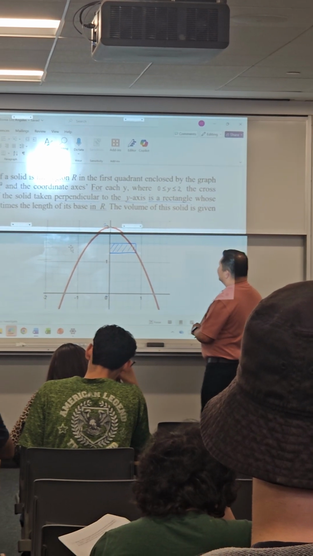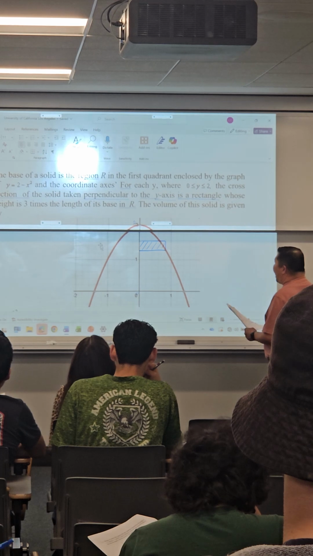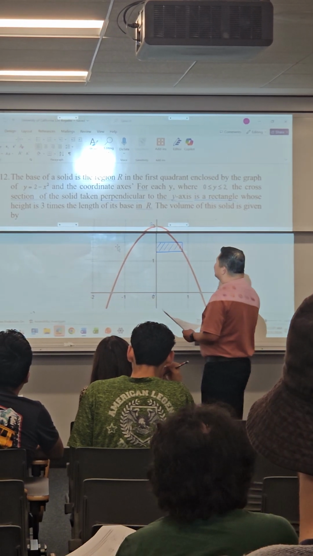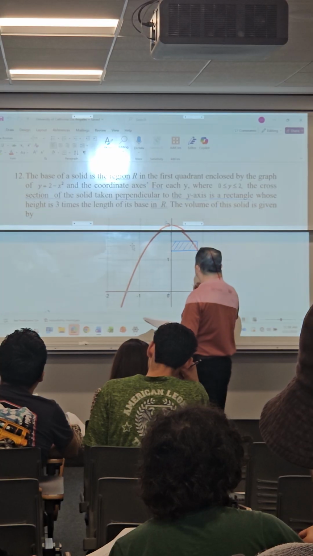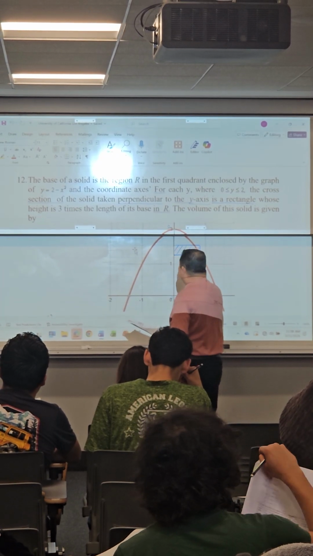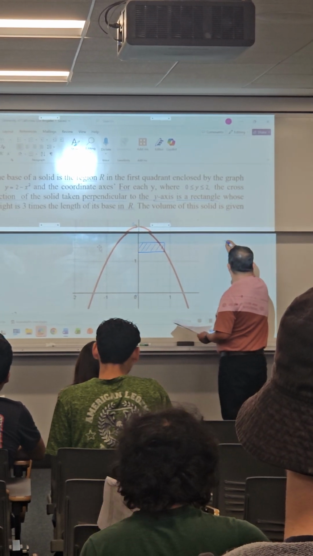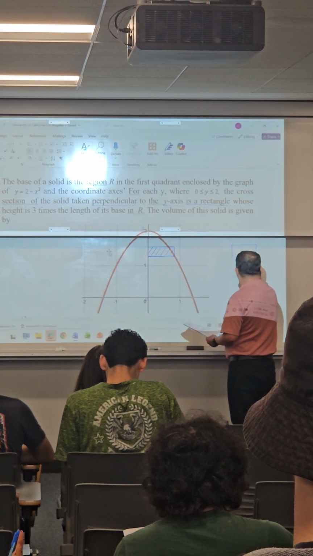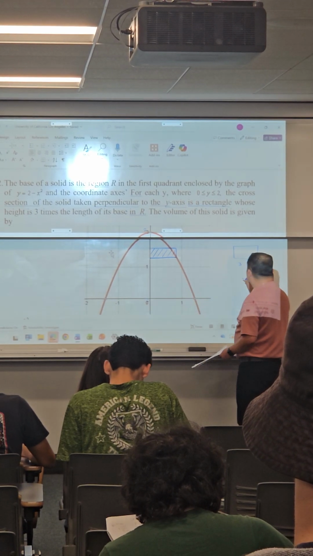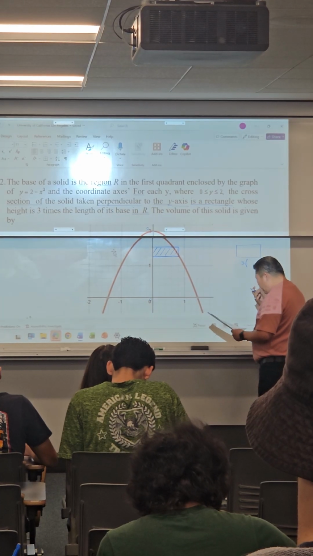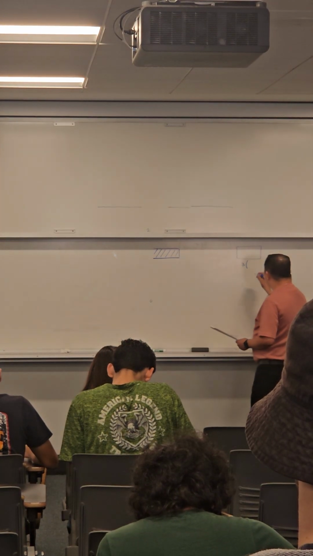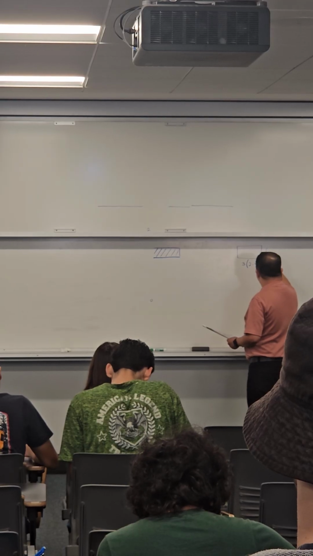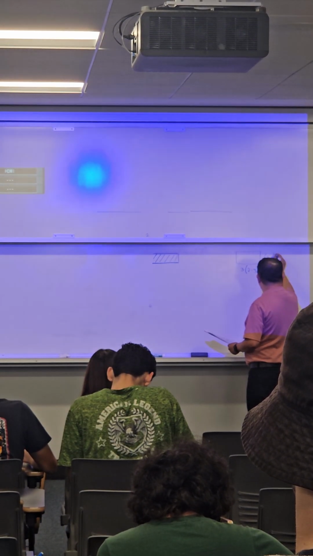And what does it say? Whose height is 3 times the length. This is the height. Okay, guys? Which is 3 times the length. The length is the square root of 2 minus y. And of course, this one is 2 minus y.